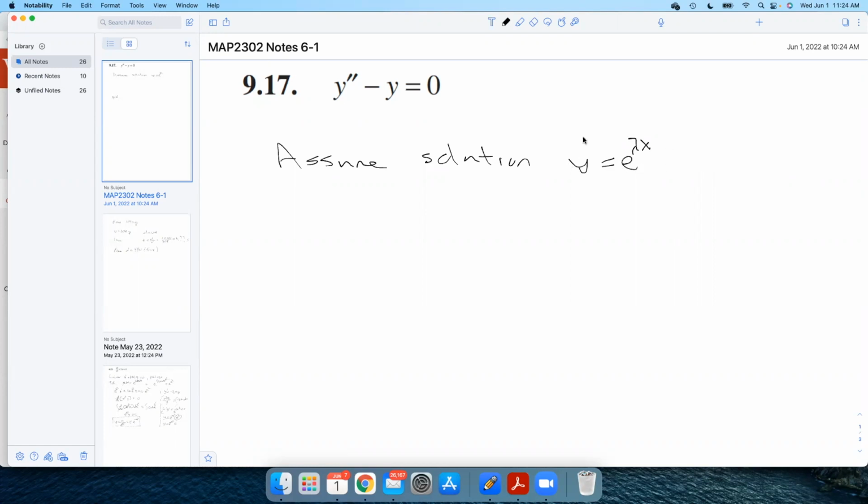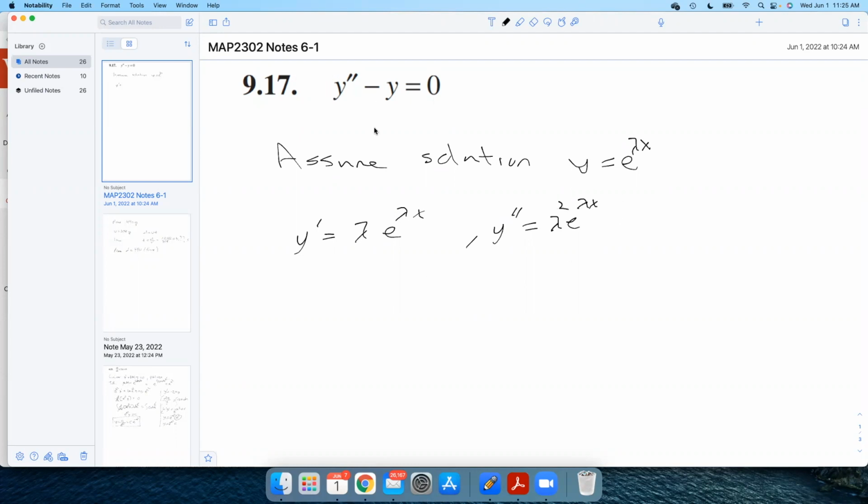So we assume the solution looks like this. Then y prime would be lambda e to the lambda x, and y double prime would be lambda squared. Sometimes my lambdas and my x's look too similar. Now we plug all of these into our differential equation.